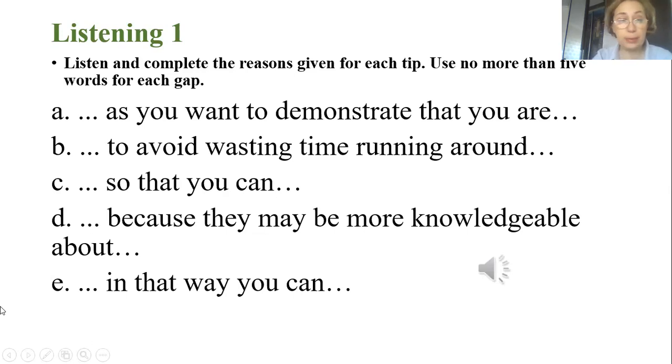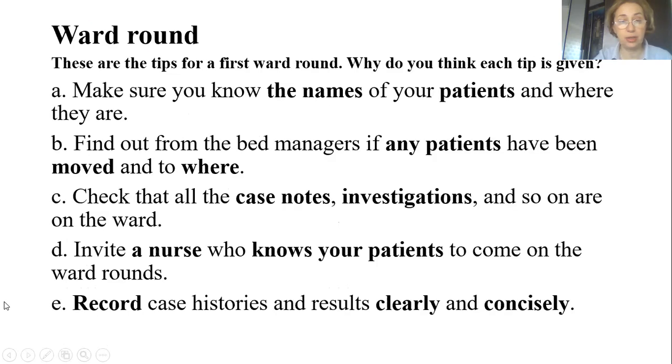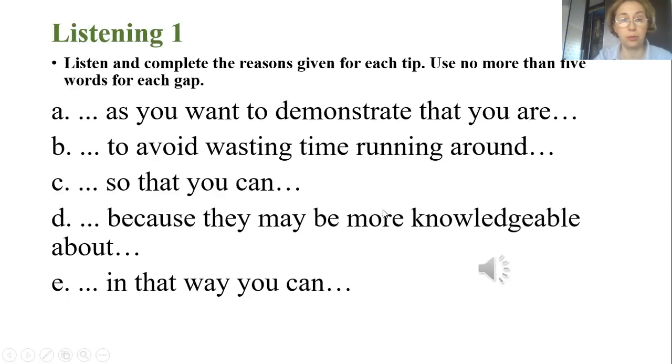Well, now Isar, please, line D. So line D says invite a nurse who knows your patient to come to the rounds because they may be more knowledgeable about the patients on the ward than you are.